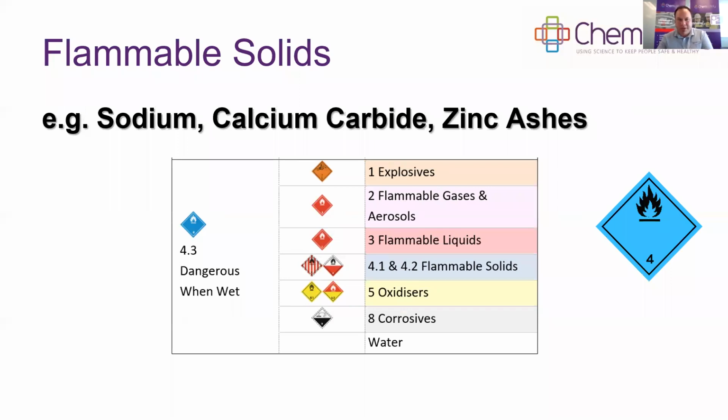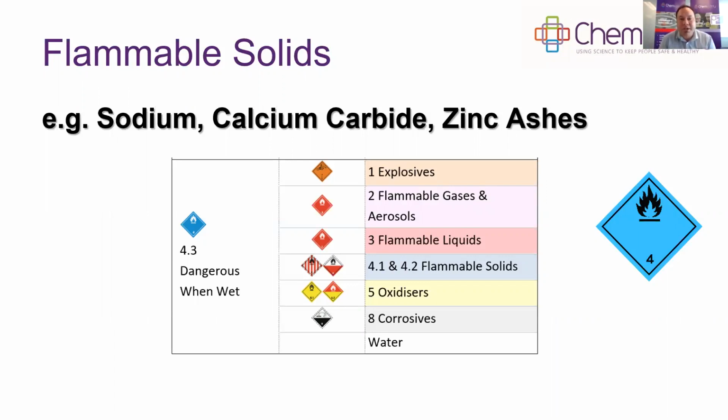So if we have a look at the next one there, that's our flammable solid that is dangerous when wet. As the name suggests, these types of substances are incompatible with water as well as those particular substances right there. Interestingly enough, there are many examples of these dangerous when wet flammable solids.